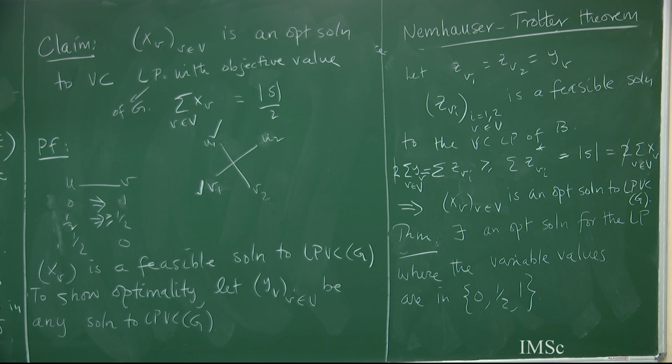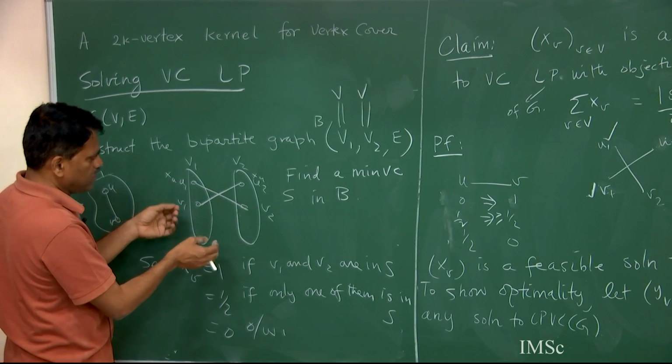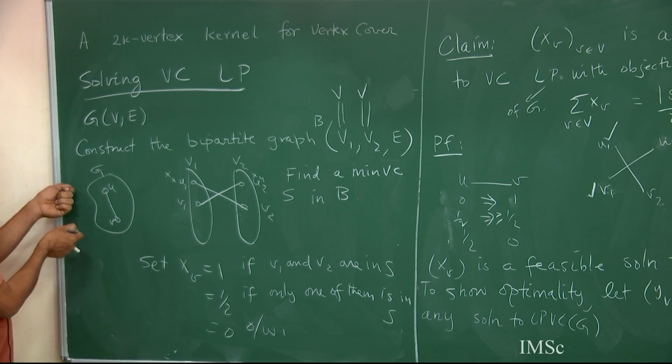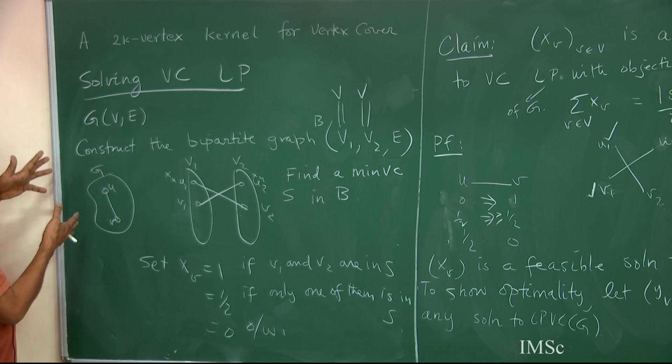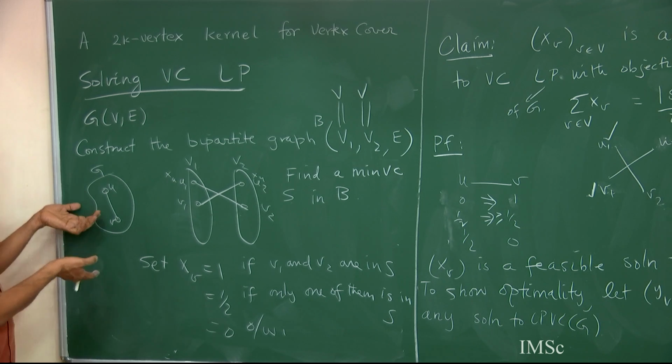So I went to bipartite graph, solved minimum vertex cover there, which is doable in polynomial time, and then retrieved an LP solution from there, and I argued that that LP solution objective value is less than or equal to any other LP solution you can come up with.